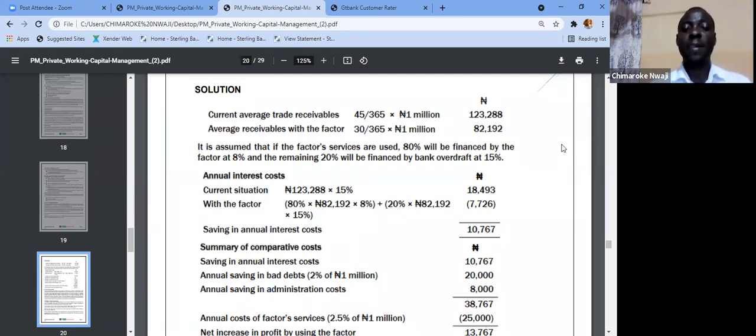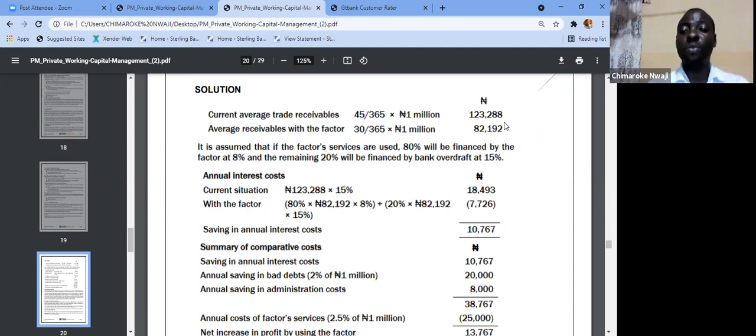So look at it here. In the current situation where you go to the bank to finance your trade receivables, the bank is taking 15% from you, and so your trade receivables at 15% will give you 18,493. But when the debt factor comes, they are telling you that they are going to give you 80% of your receivables in cash upfront.